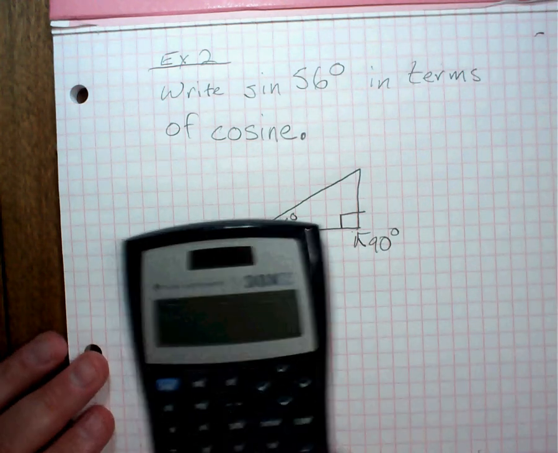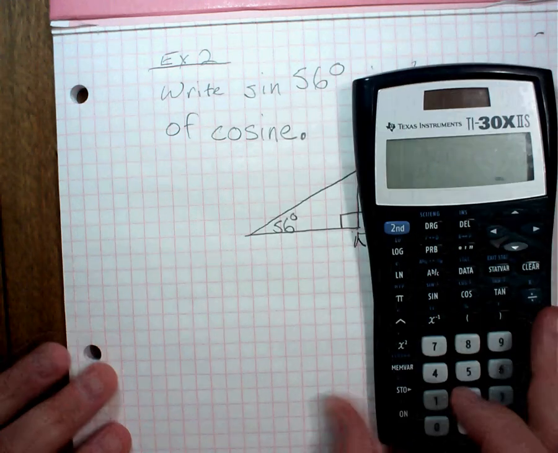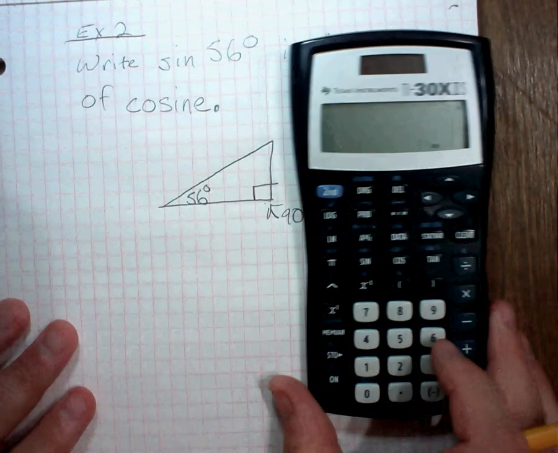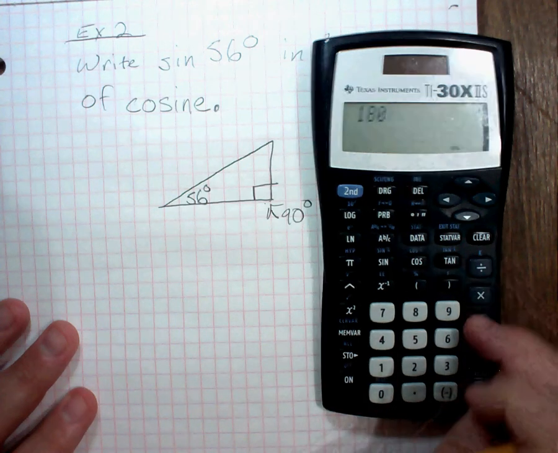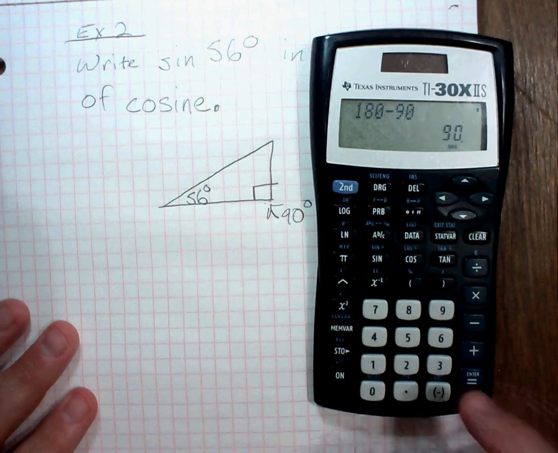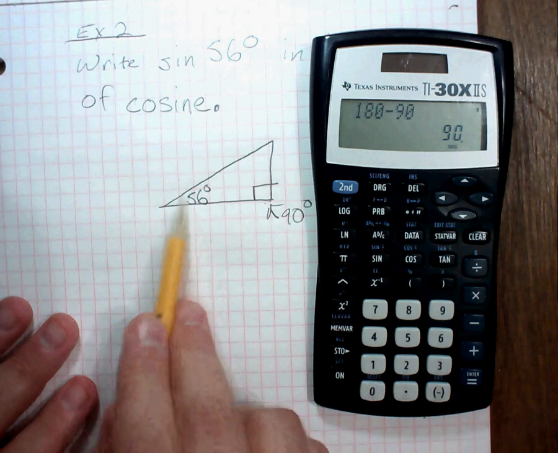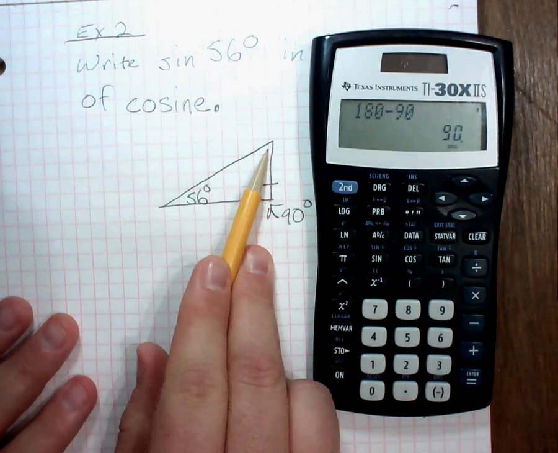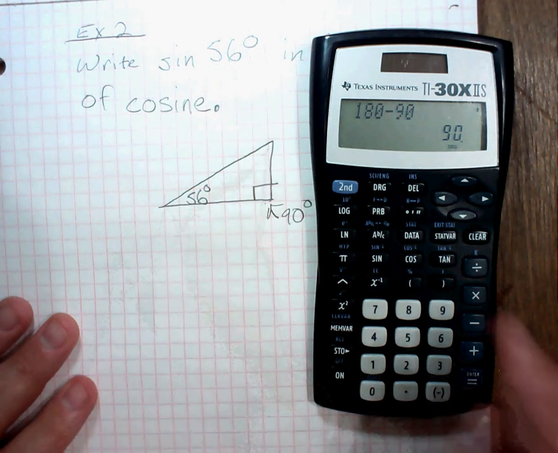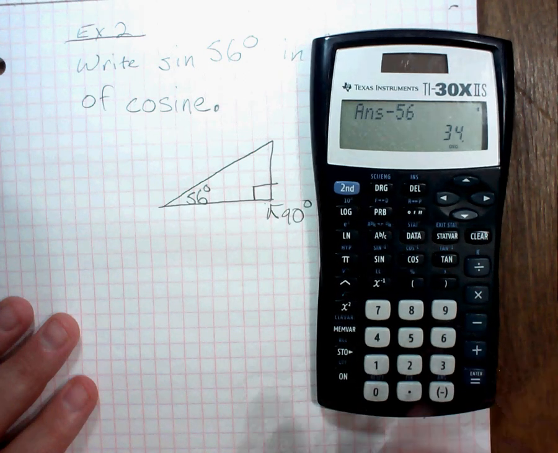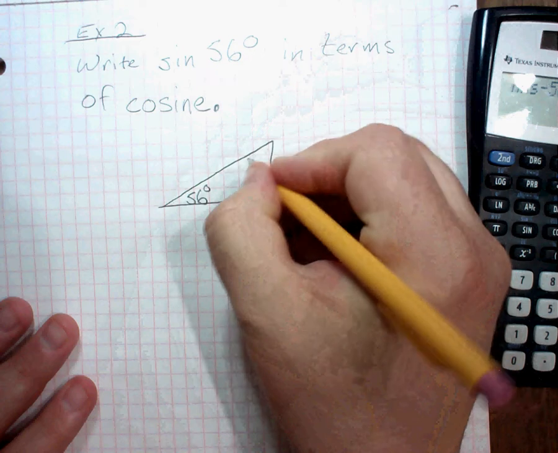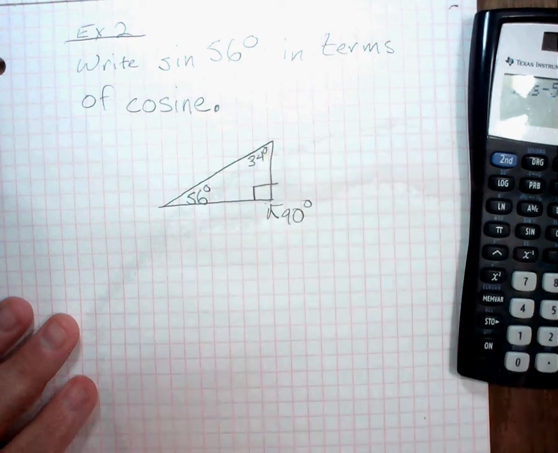So to find this other angle, I'm going to take 180 minus 90. That gives me 90. So this angle plus this angle always has to add up to 90. So from my 90, I'm going to subtract 56, and I get that this angle is 34 degrees.